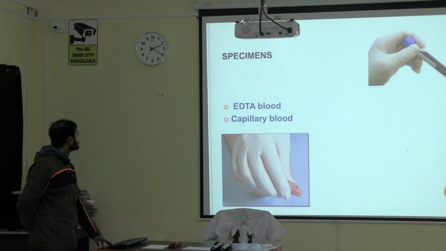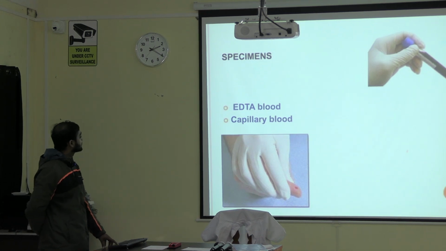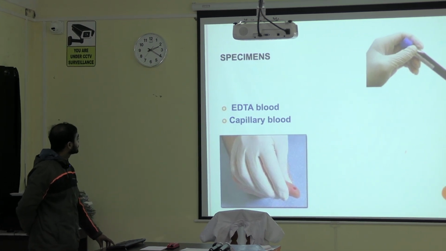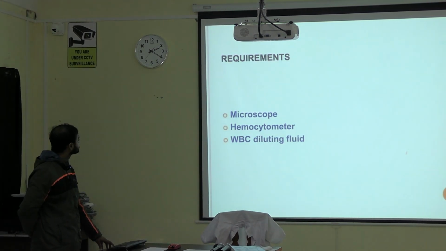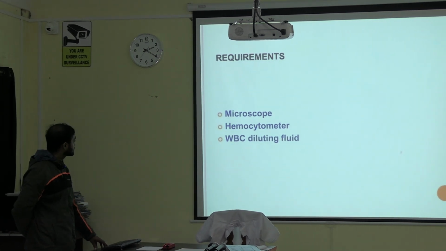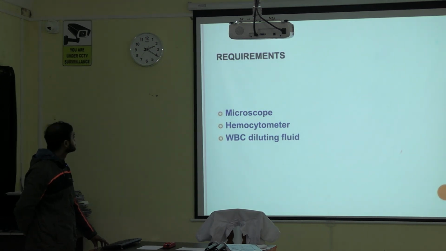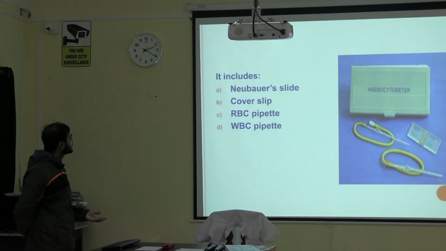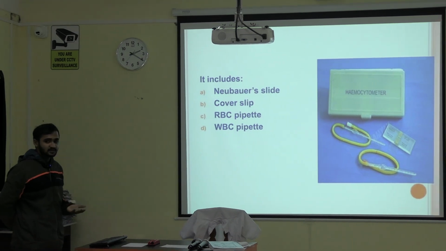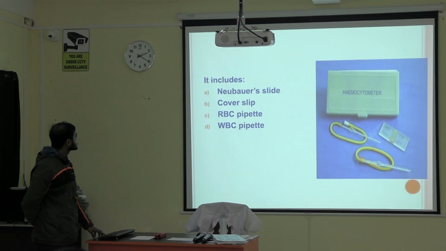Here we need an EDTA sample or capillary blood, one microscope, one hemocytometer, and one WBC diluting fluid. The hemocytometer you already know: the Neubauer slide, the cover slip, the RBC pipette, the WBC pipette. In the previous classes we have discussed this.